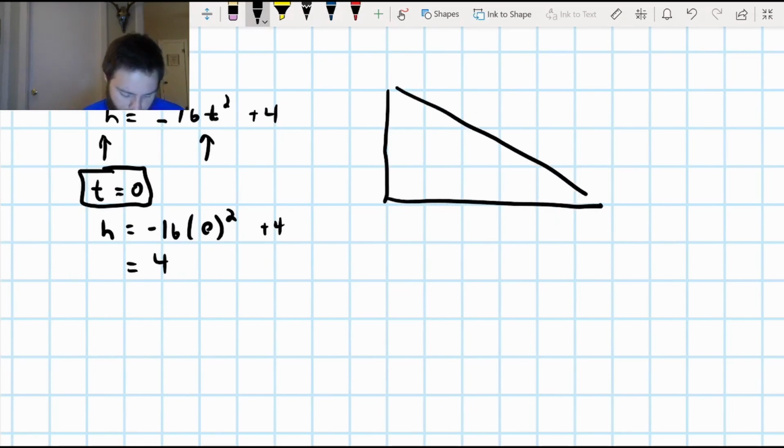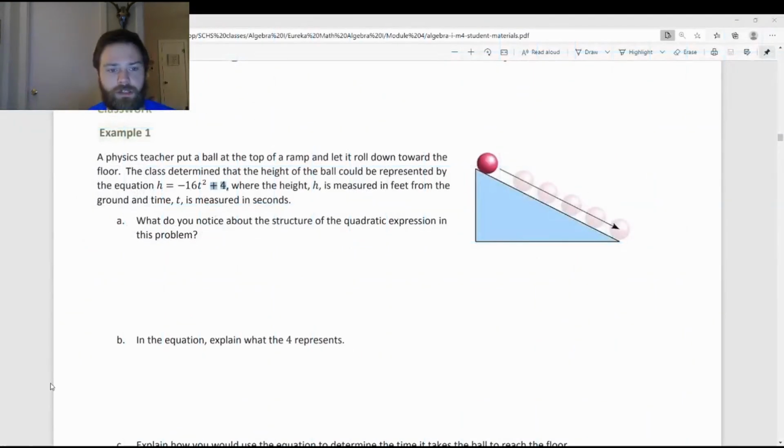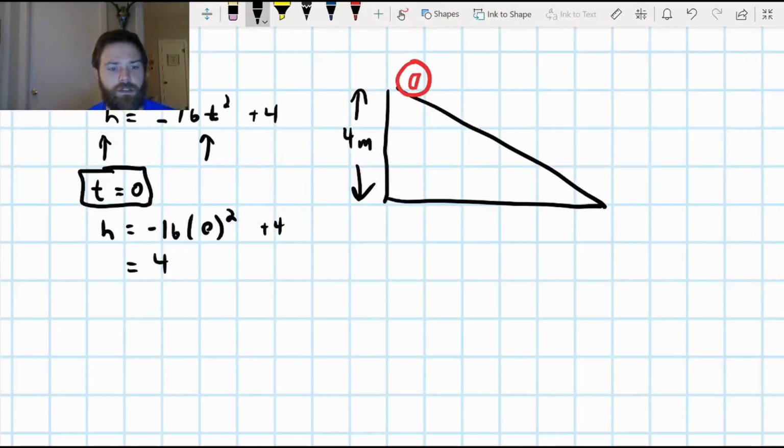Happy little triangle. Happy little ball. This ball is 4 meters in the air. I think it was 4 meters. It's either 4 meters or 4 feet, so please excuse that. It's feet. It says feet. My bad. Used to dealing with meters.